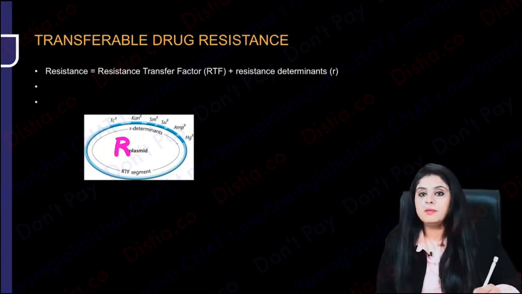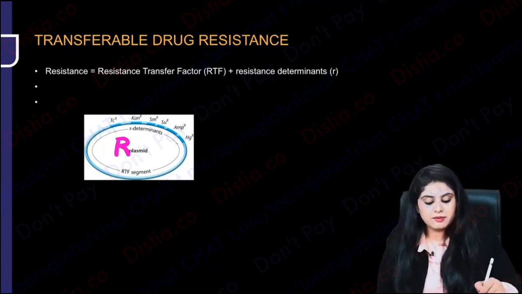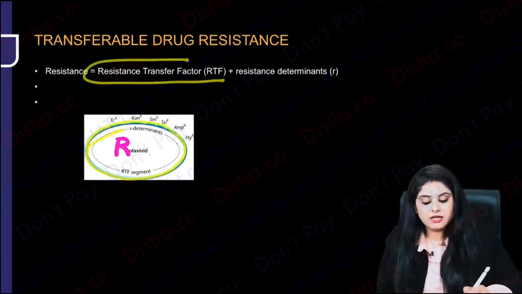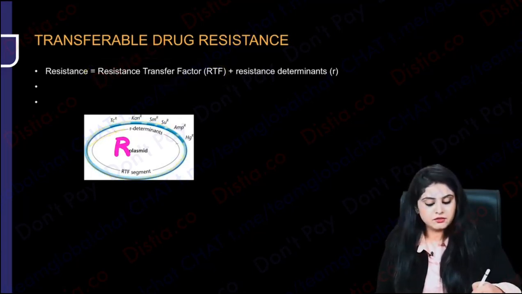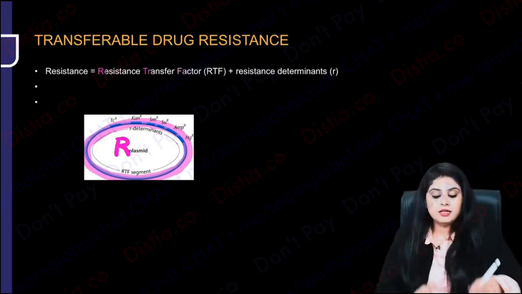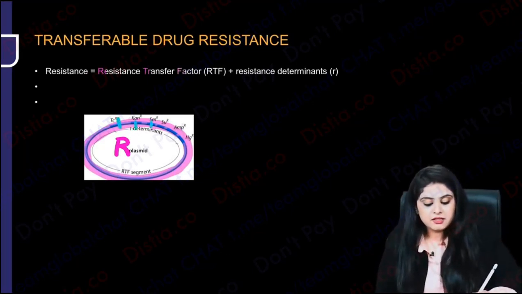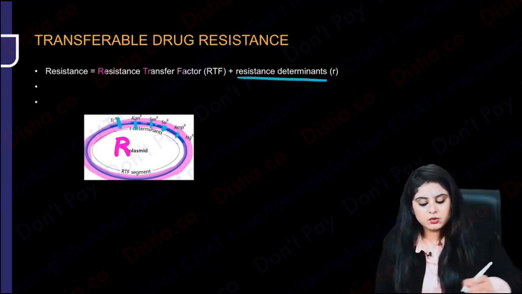So this R plasmid, you will say, ma'am, what have you made? You have made a very big loop, and that is known as RTF, resistance transfer factor. This big loop is the resistance transfer factor, and it is like a big ring. Many factors can sit under it, many R determinants.